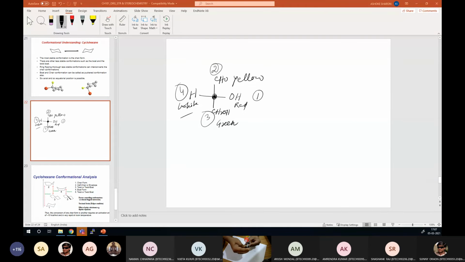Now you see, what is the angle between these 2 planes? 0?